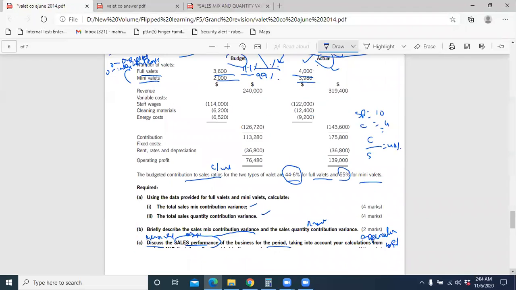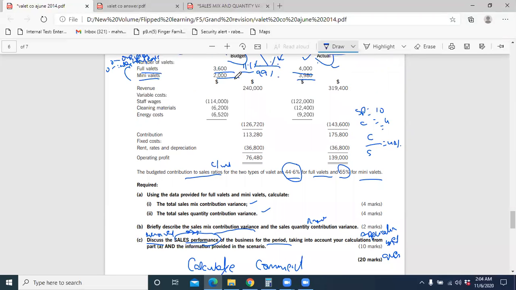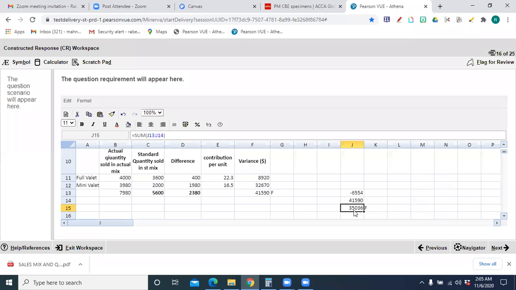So I was telling you about the strategy for part C. First you calculate and then you make a comment, as I did: there was a 99% increase in the mini wallet and an 11.1% increase in the full wallet. I can also calculate the overall increase in the revenue to assess the performance, and you could explain that the overall volume variance is favorable.